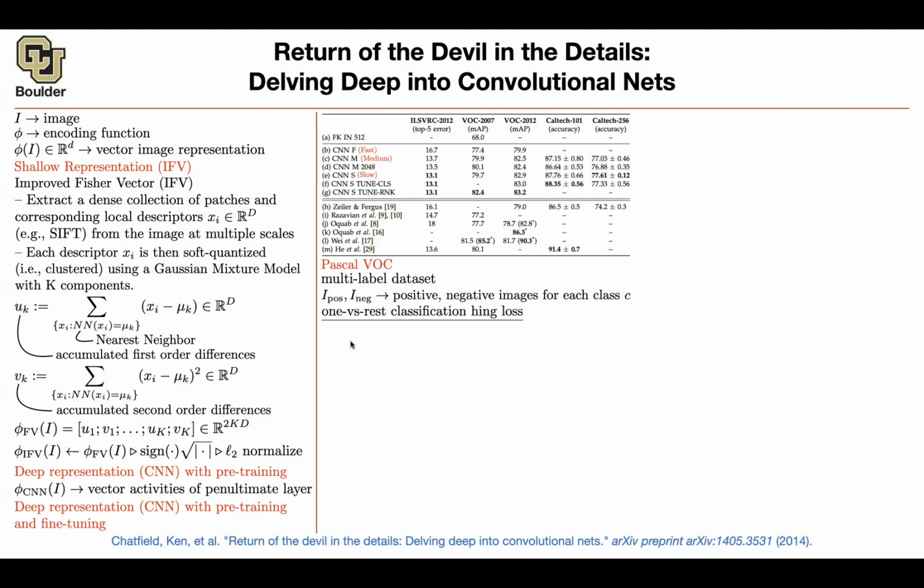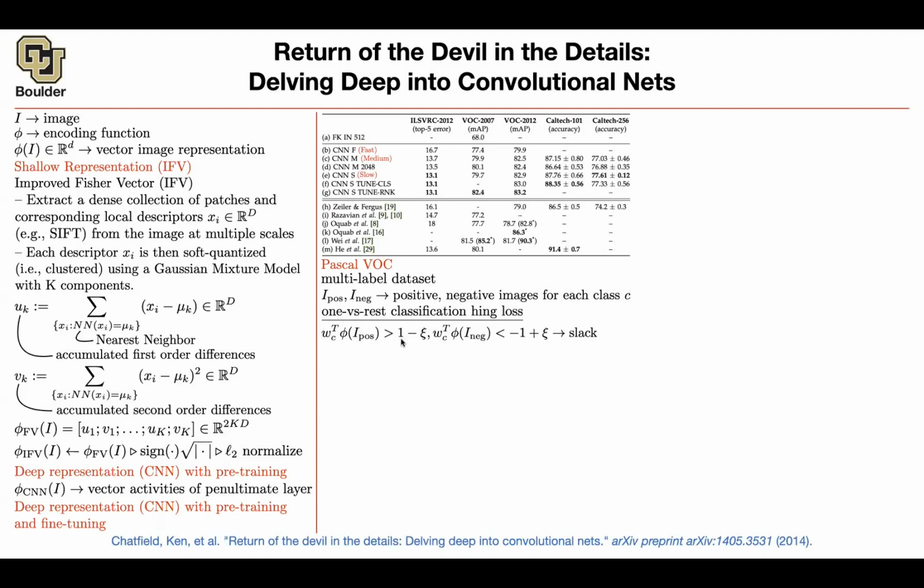And then you're going to do one versus rest classification using a hinge loss. What is that loss? For the positive cases, you take a positive image, you push it through your neural network, you stop at some particular layer, you multiply it by a vector of the same size, so that this number, this is a dot product, ends up being a scalar.